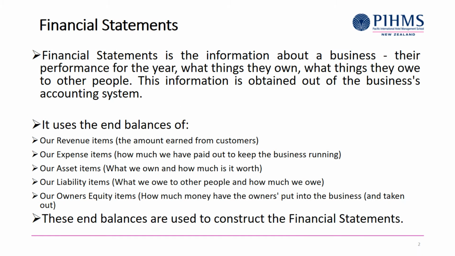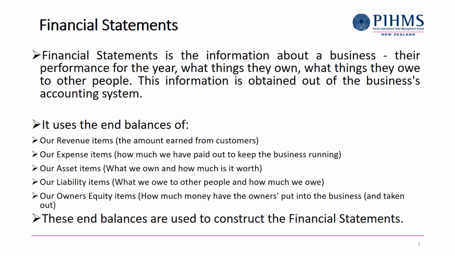Okay, so the financial statements use all those end balances that we just used in Module 3. So it uses the end balances of our revenue items, the amount that we earn from our customers, our expense items, how much we've paid out, our costs to keep our business running. We also use our asset items, what we own and how much it's worth.